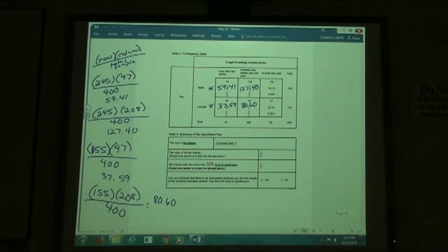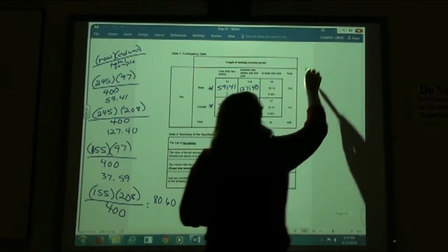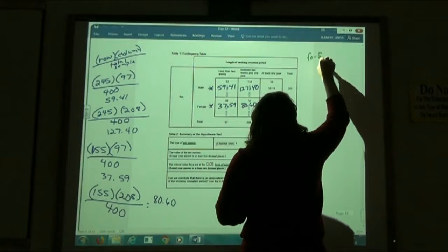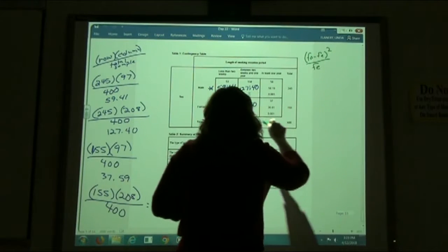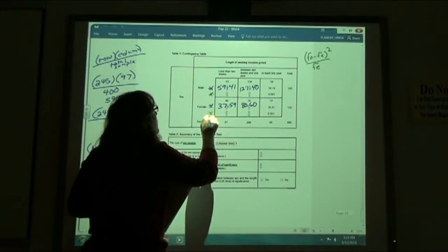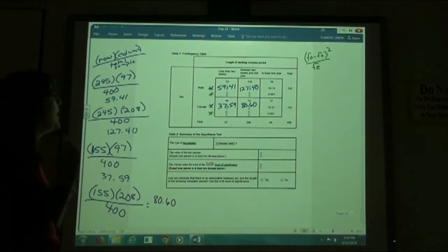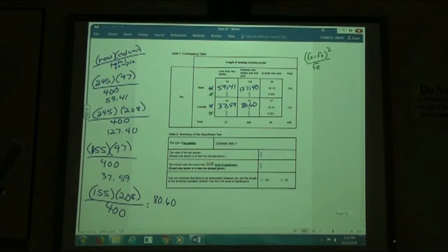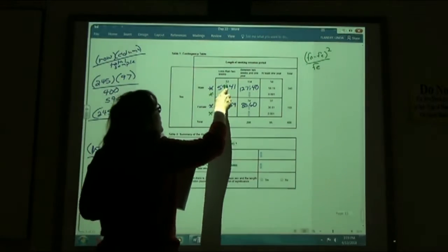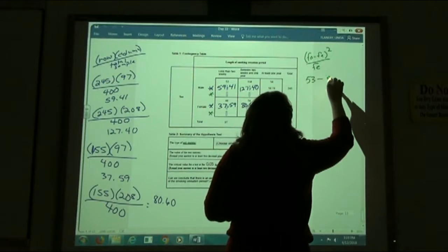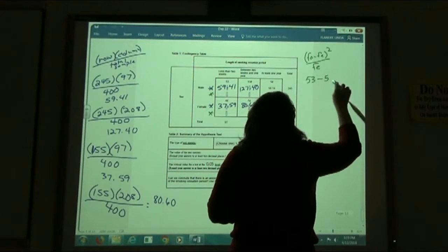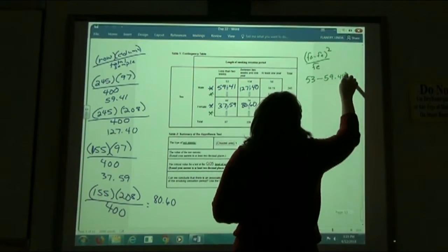The bottom rows, we're using our formula. So we're doing FO minus FE squared over FE. So the bottom ones we're going to do in green just so you can see where those came from. Observed frequency is 53. Expected frequency was 59.41.